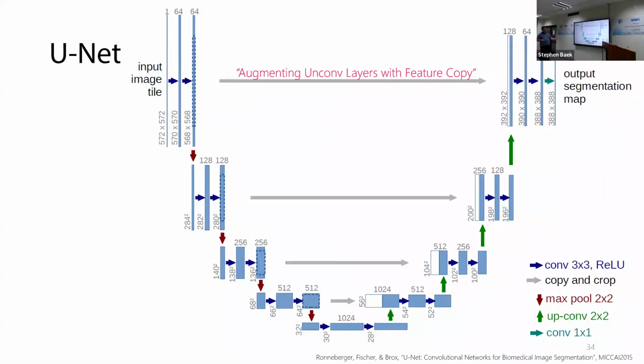And then in 2015, we have this thing called the U-Net. And U-Net, probably many people in the audience may already know what U-Net is, because U-Net is one of the most popular architectures in medical imaging, but also in other applications.